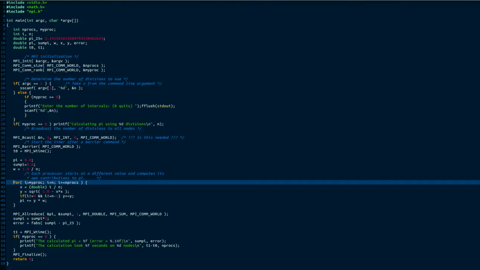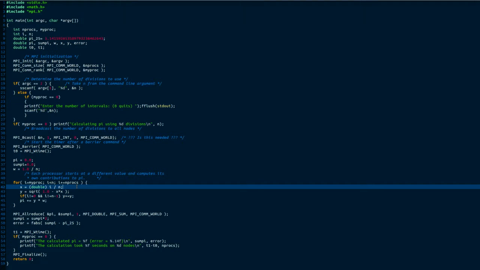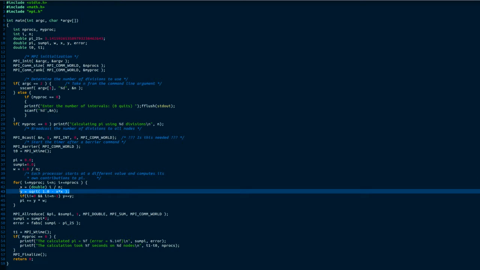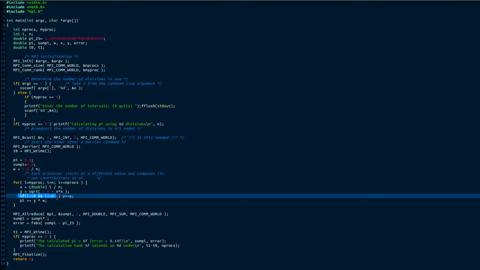This is the main part of our integration. Again, we are iterating through each interval, right? And again, we are calculating x and y. This time, if you remember, we must calculate 2 times for all the values, but not for the first and the last one. So we just add an if clause. If it's different from the first and different from the last one, we do it 2 times, right?